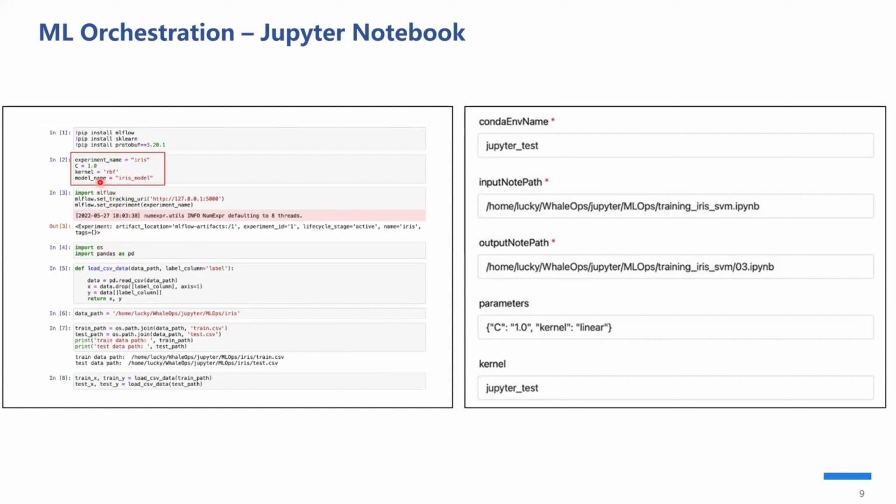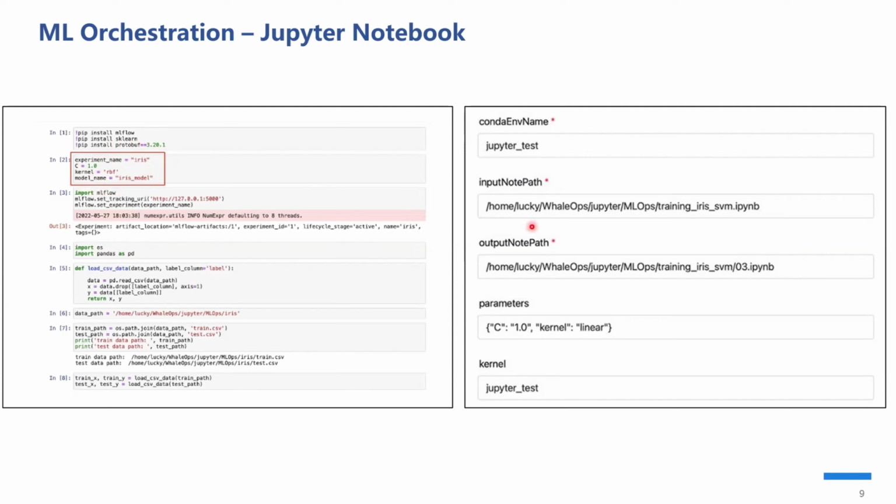And you can see from the left side, there are four parameters like experiment name, the C value, the kernel value, and model name. So these parameters can be injectable.